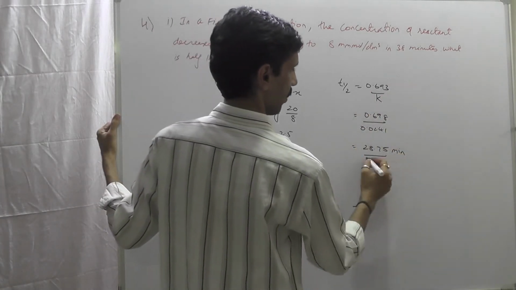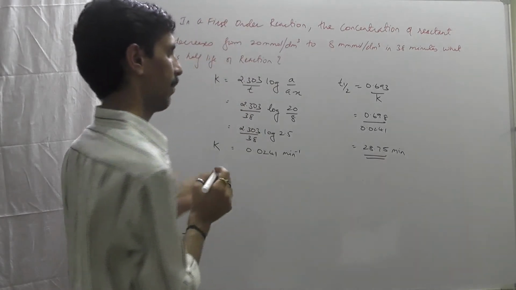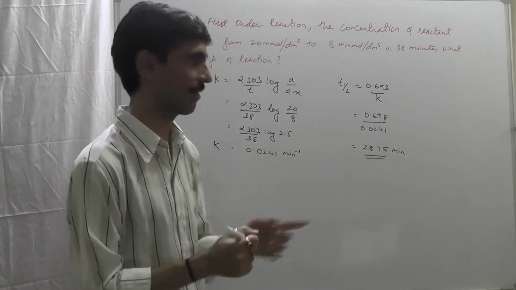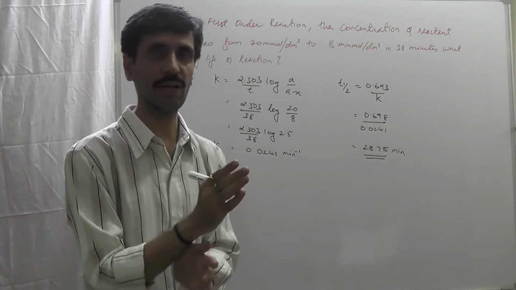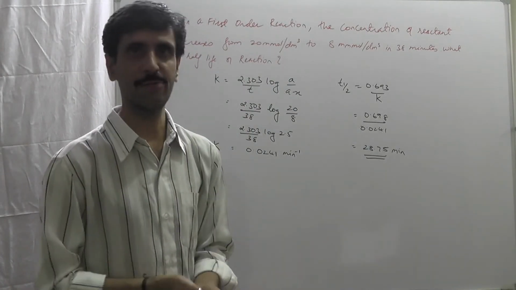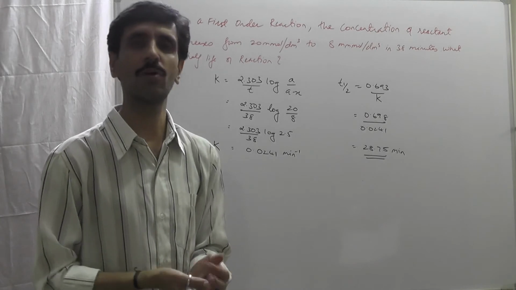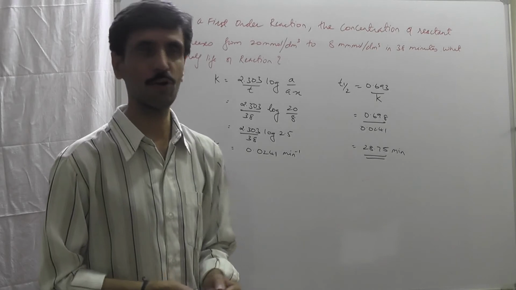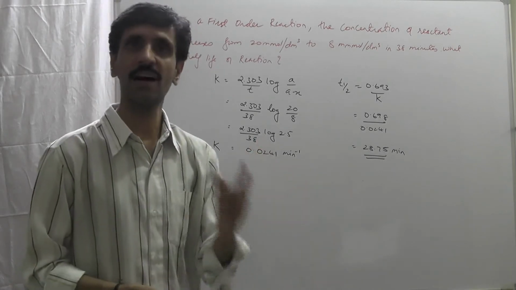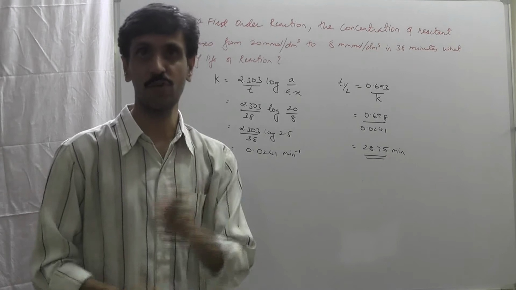So it is going to be in minutes. So 28.75 minutes. This is the final answer. यानी पहले k find out करो और k find out करने के बाद you calculate t half. This is the way we find out the half-life of a first order reaction. I hope आपको ये first numerical अच्छी तरीके से समझ में आ गया होगा.